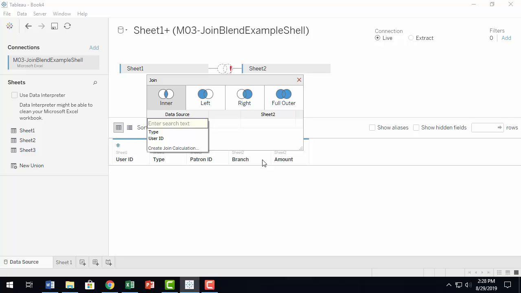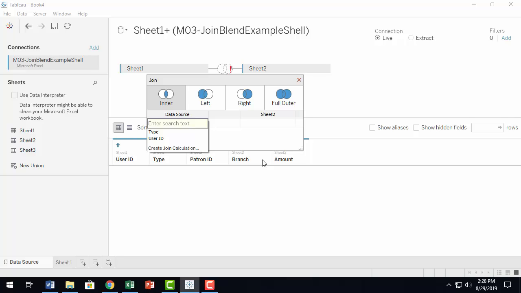So, here are the choices for you for the join. We will get to this pattern ID and user ID bit in just a second. Let us first understand what these are. So, this is the inner join. Inner join means that there must be a record present in both the left table and the right table.